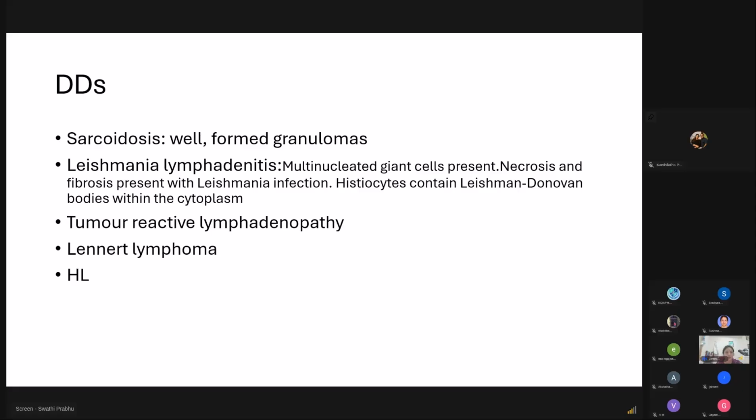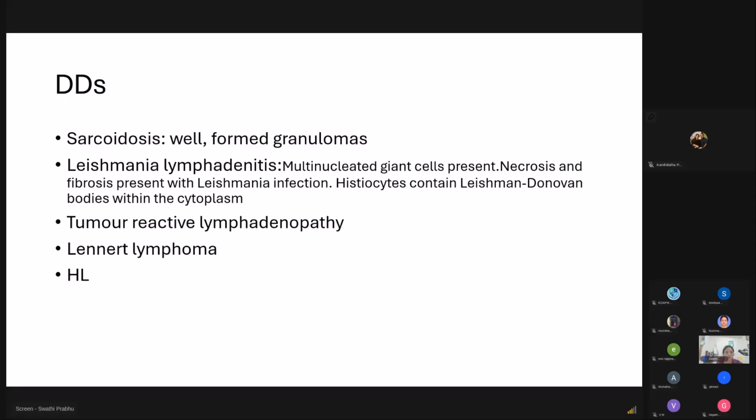A lot of lymph nodes that have been removed for tumor might also show this reactive lymphadenopathy, but the characteristic triad, that is the monocytoid cells, is usually not seen. Microgranulomas to some extent can be present, but sheets of monocytoid cells with reactive follicular hyperplasia and microgranulomas, which we call the classic triad of toxoplasmosis, will usually not be present in tumor reactive lymphadenopathy.